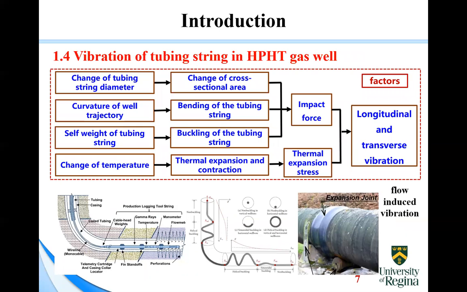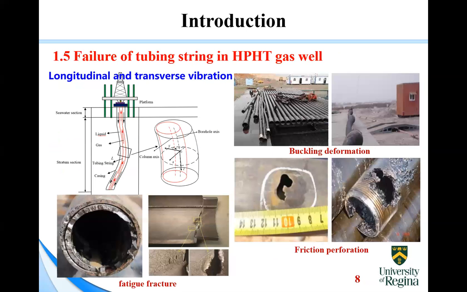Also, when high-yield gas flows in the tubing string, it will cause vibration of the tubing string, including lateral vibration and longitudinal vibration. When nonlinear vibration occurs, it will cause failure of the tubing string. Mainly, the failure of the tubing string includes three forms.